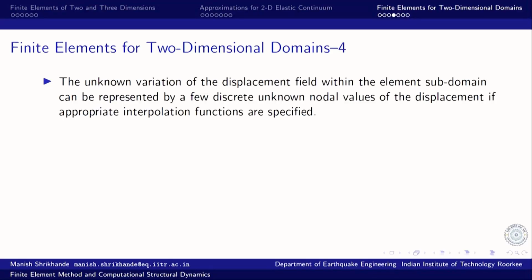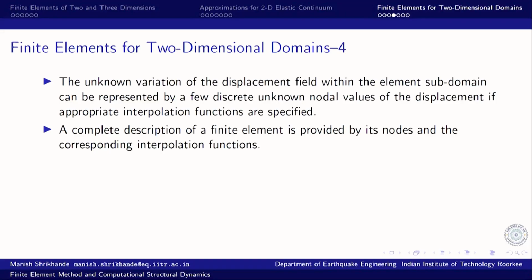So, the unknown variation of the displacement field within the element subdomain can be represented by a few discrete nodal values of the displacements if appropriate interpolation functions are specified, and that is what we discussed, how these appropriate interpolation functions are derived by imposing a limiting behavior on them.